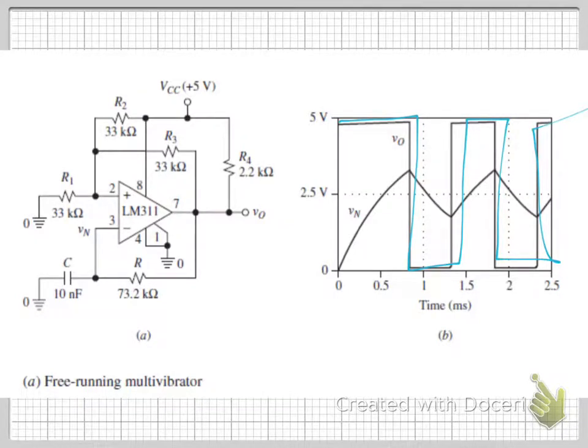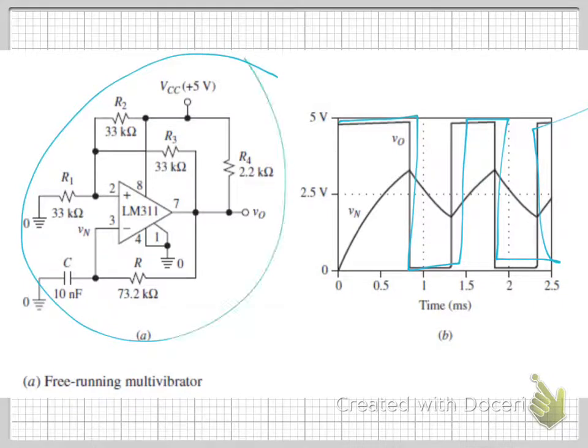So this circuit is going to give you this output like that. As I said, read through the theory and don't worry too much about how to calculate everything. Just know that when you see this circuit right here, it's going to be that, because it's a free running multivibrator. It's all about just knowing your theory.